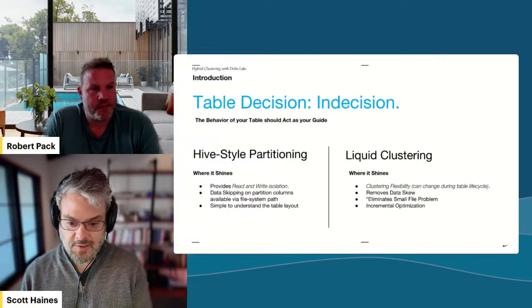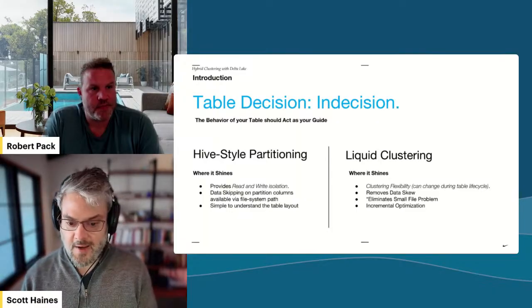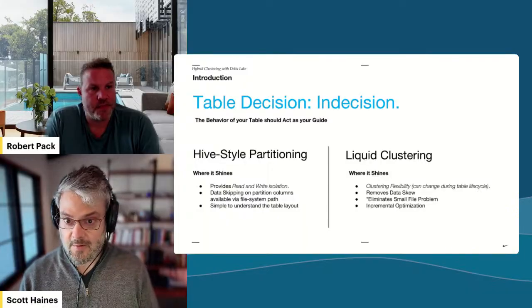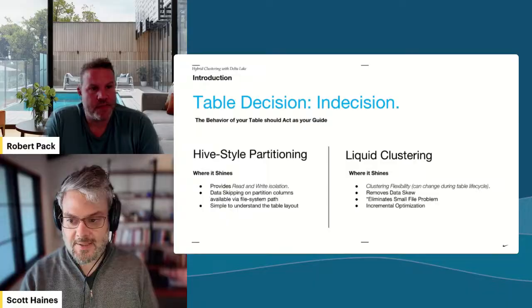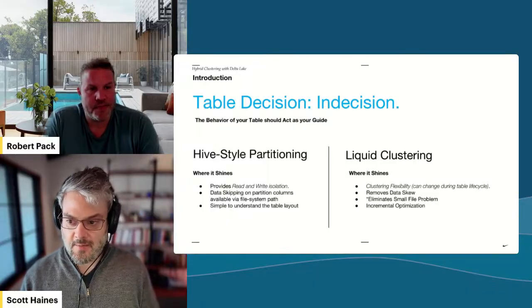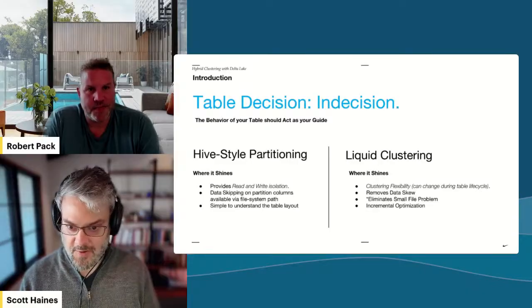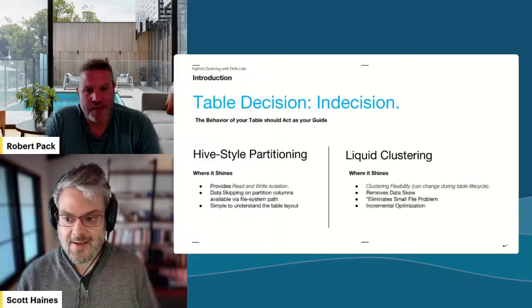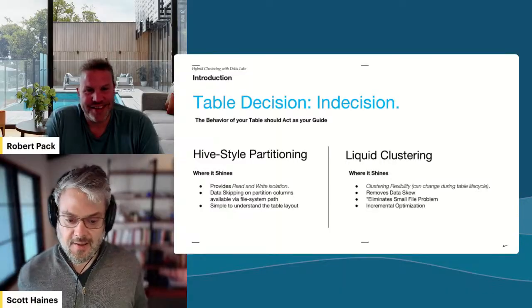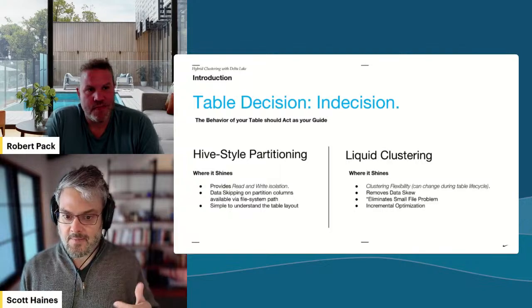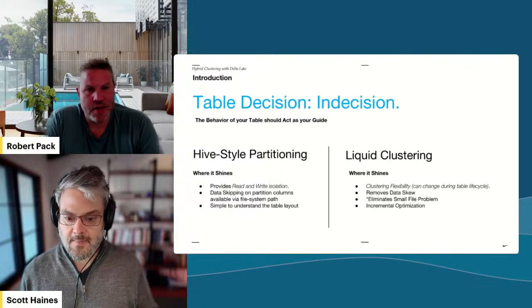With hive-style partitioning, where it really shines is providing read and write isolation against very specific paths within the underlying table. So if I'm looking for a specific date by another partition column, like in the example we're going to look at later, a distribution center ID, it could be essentially anything, but it really matters for the queries that I'm trying to speed up.